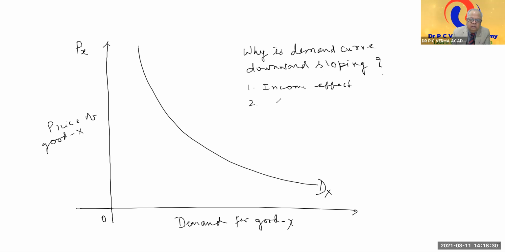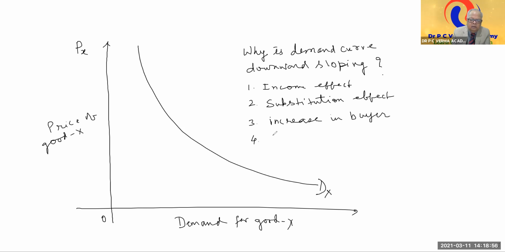Number 2 point is substitution effect. Number 3 is increase in buyers.